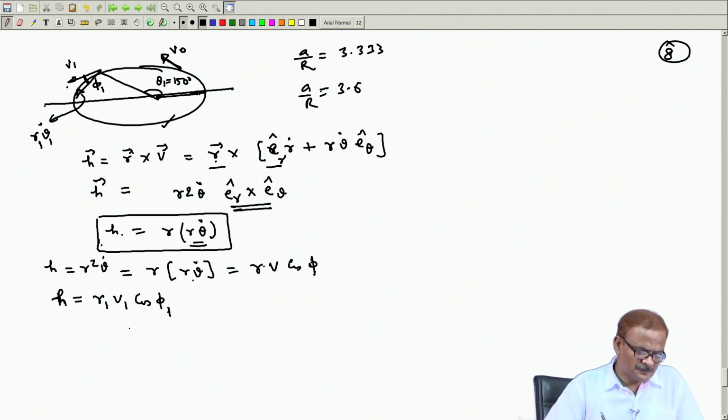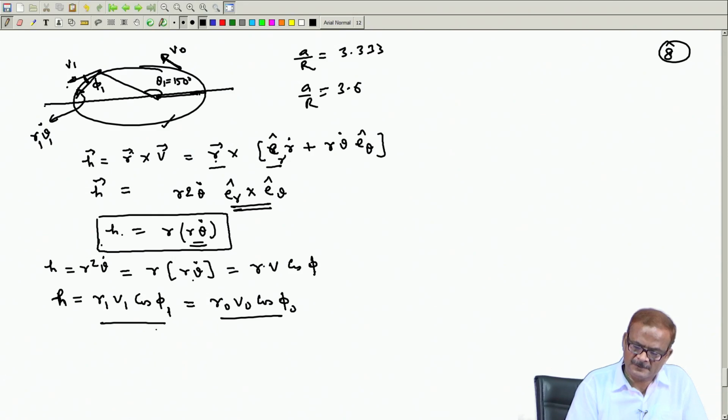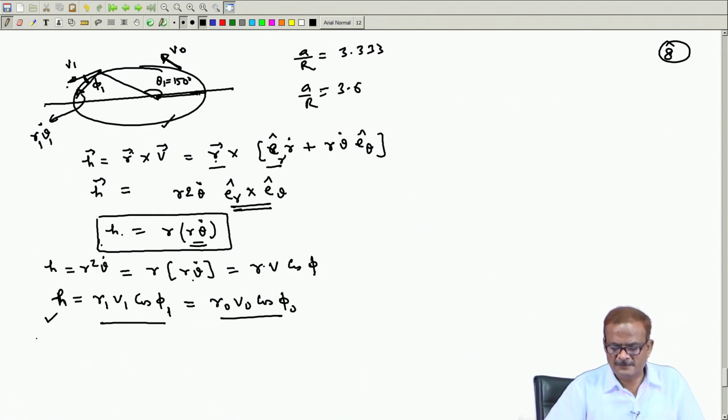This problem is a bit long. It uses a simple process but it is a stretching one. And this must also be true, that this should be equal to r 0 v 0 cos phi 0, which is at the initial position, and this is at the final position. So, h remains constant.